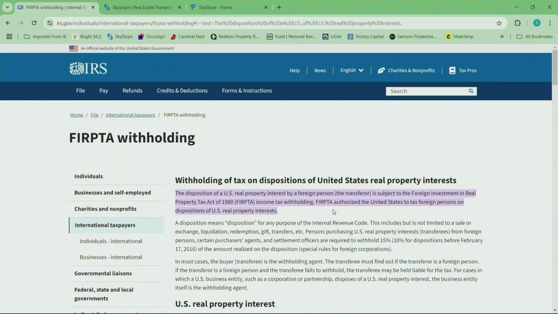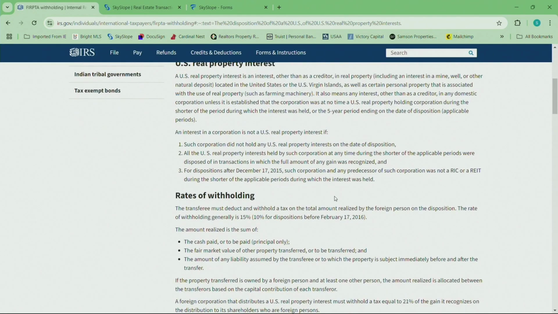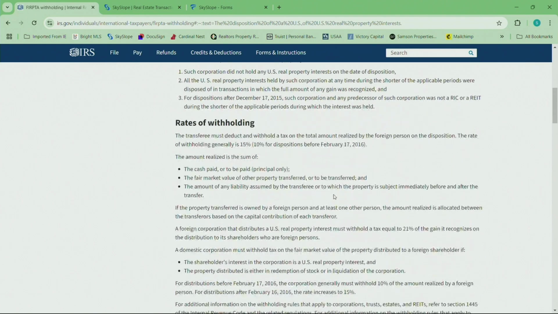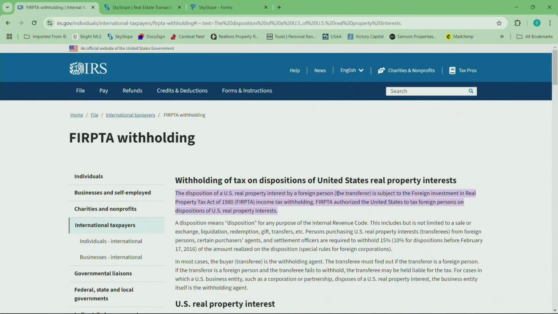Also, just because they may or may not be a green card holder or a U.S. citizen, there are other ways that they may or may not have to pay taxes at that particular time for that property. So you can always look on the IRS website. All you got to do is Google FIRPTA. All kinds of wonderful information you can find out.